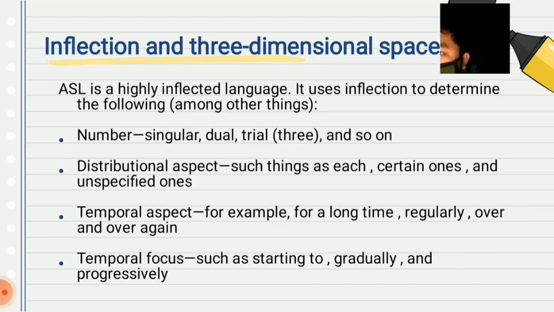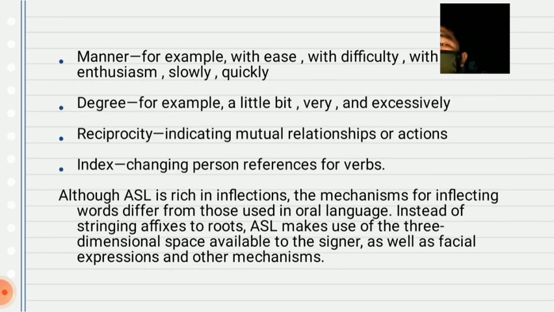Temporal aspect, for example, for a long time, regularly, over and over again. Temporal focus, such as starting to, gradually, and progressively. Manner, for example, with ease, with difficulty, with enthusiasm, slowly, quickly. Degree, for example, a little bit, very, and excessively.